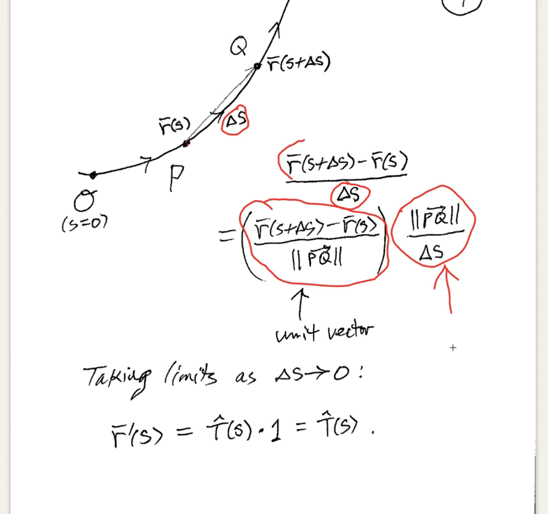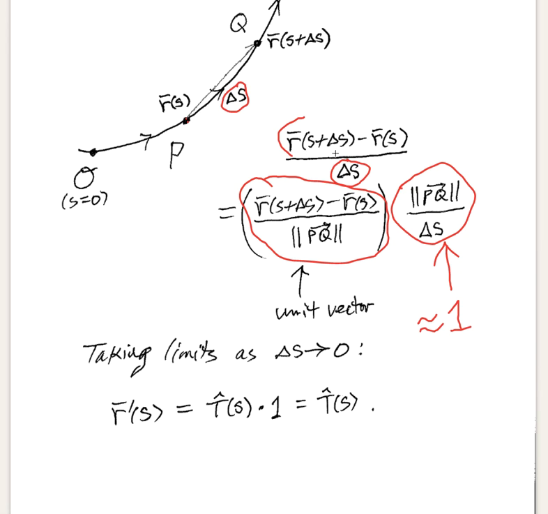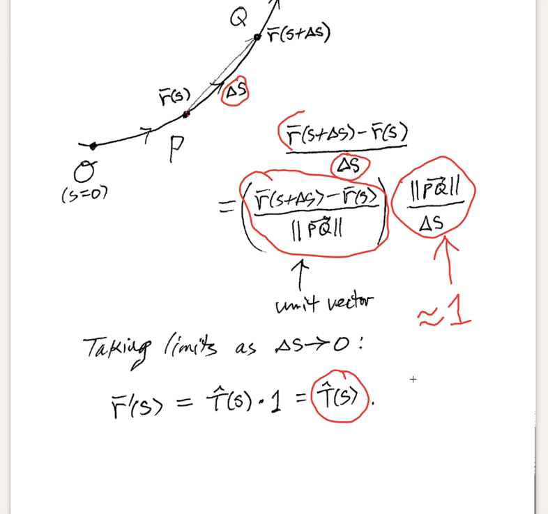Do you guys see that as delta S approaches 0, the ratio between the length of PQ and the actual arc length, on a smooth curve at least, goes to 1 in the limit? So this is approximately 1, and it actually goes to 1 in the limit. So this means that in the limit, as delta S approaches 0, R prime of S is T hat of S. In other words, it is indeed a unit vector.